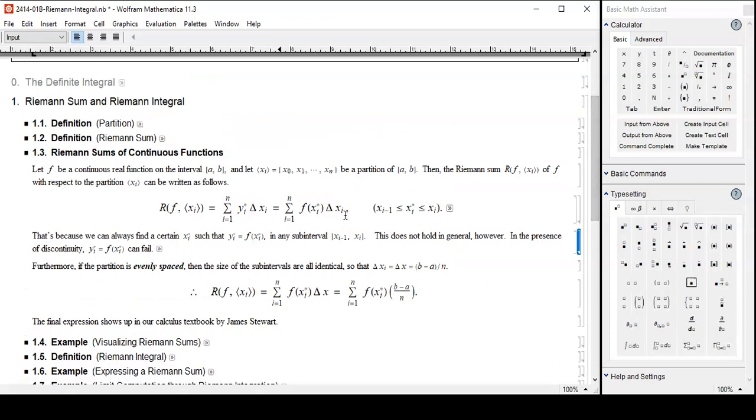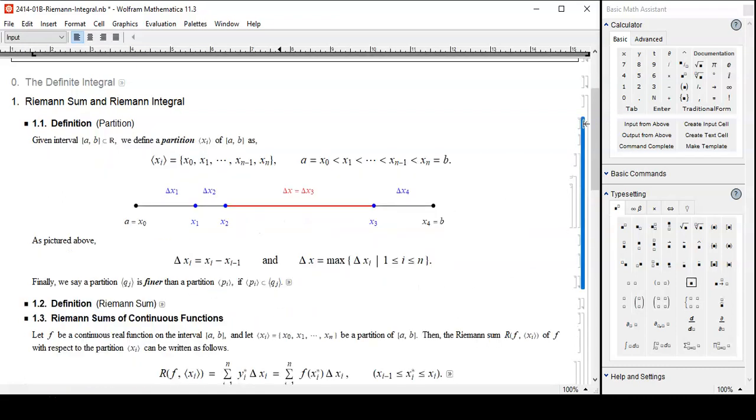So for continuous functions, we have this reduction. So far so good, but still too hard. Okay, still too difficult. So let's restrict ourselves even further down. Let's consider only the evenly spaced partition.